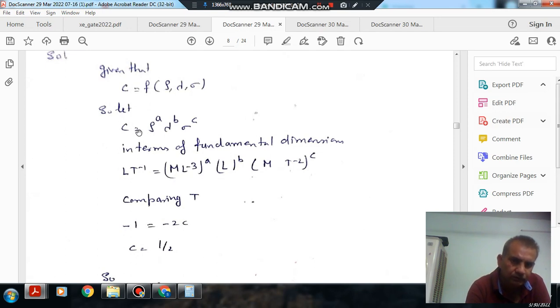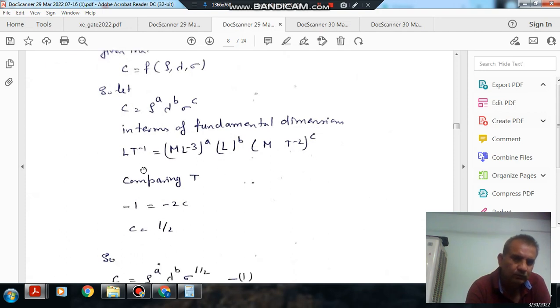So c can be written as rho to the power a, lambda to the power b, and sigma to the power c. So it will be ML^-3a, and the dimension of lambda is L, so L^b, and the dimension of sigma is MT^-2, so this is MT^-2c.